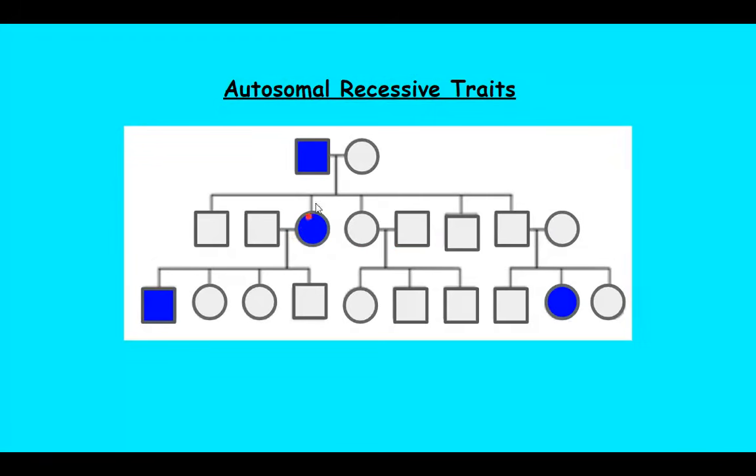In this case, one of the parents does show the phenotype. And in this case right here, this male has a parent with the phenotype, but over here, it doesn't necessarily show in the parent. That's because of the nature of the recessive trait. It gets masked by the dominant, so it can appear to skip generations.